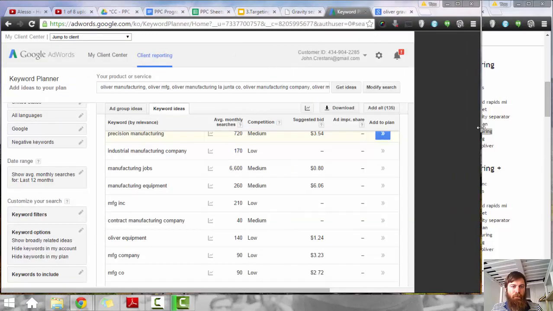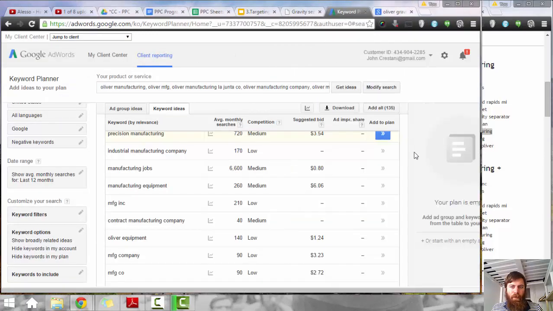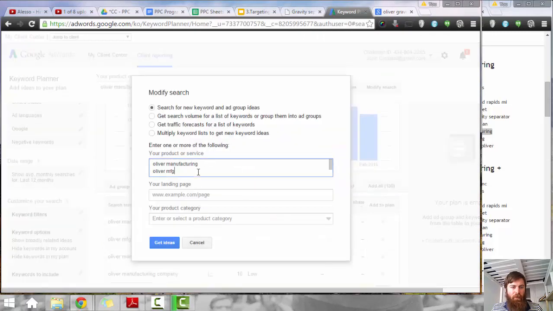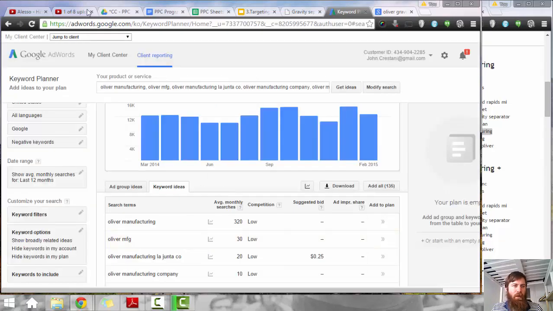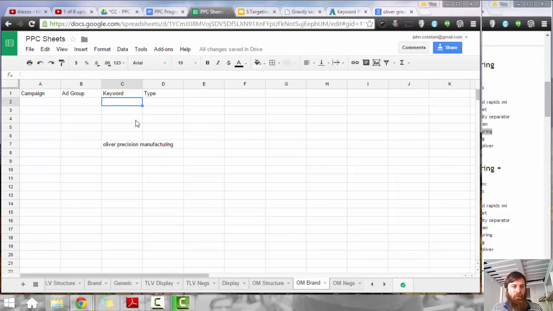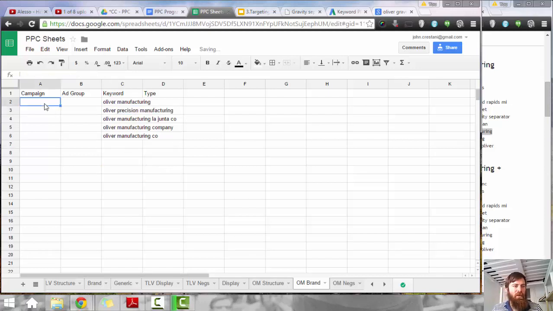Let's bring this up here. First I'm gonna grab the current keywords we got, and I'm gonna go back to our sheets and get rid of Oliver MFG. I'm gonna throw in Oliver Precision Manufacturing. Brand.